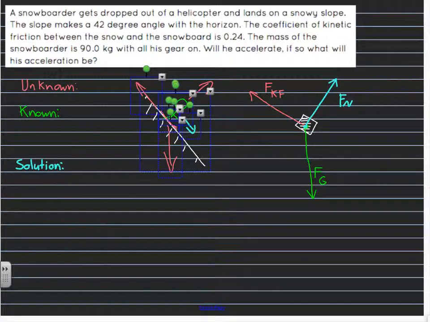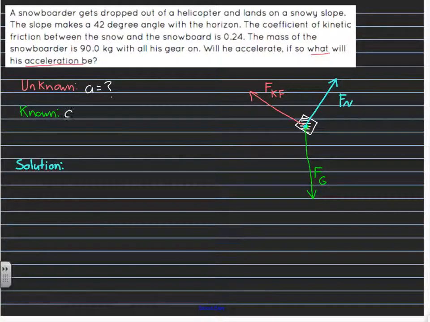And so from here, we need to read the problem. The problem says, find his acceleration. What will be his acceleration, if he will accelerate at all? So the first thing we do is find the acceleration. If it's 0, we say no, he won't accelerate. But if it's not, we try to find it. So what's unknown is a, acceleration.